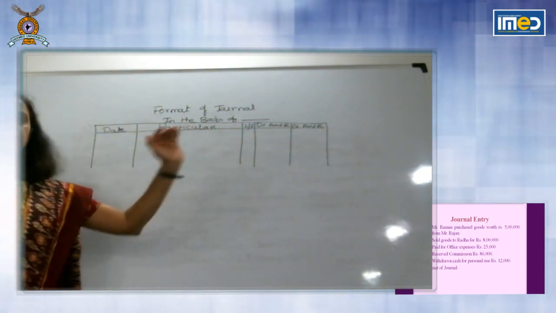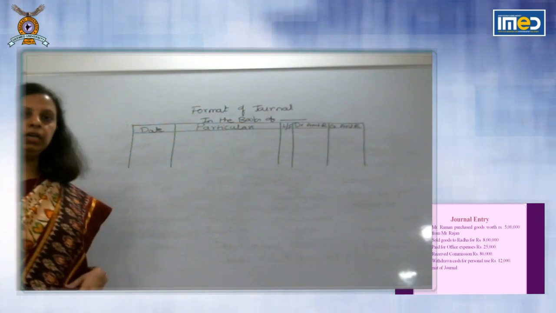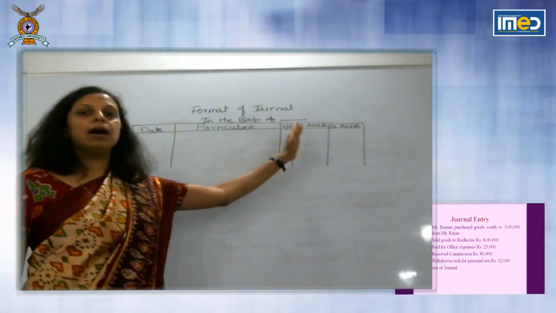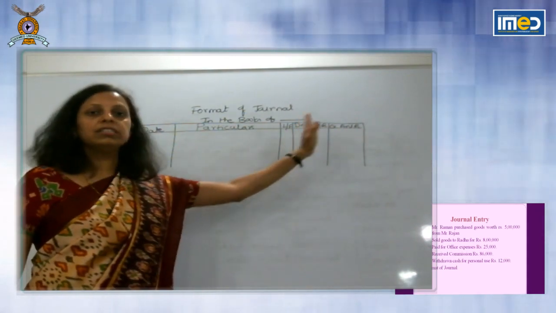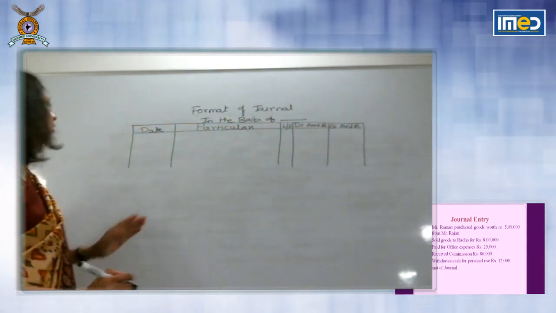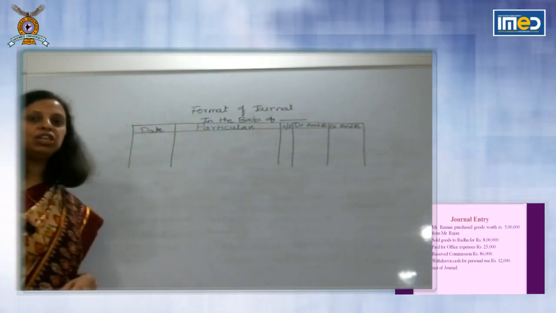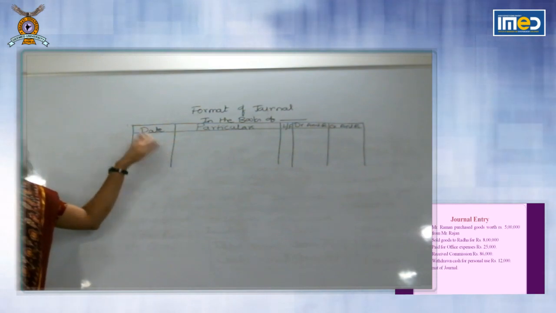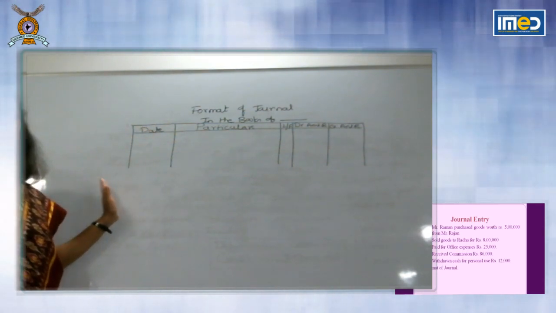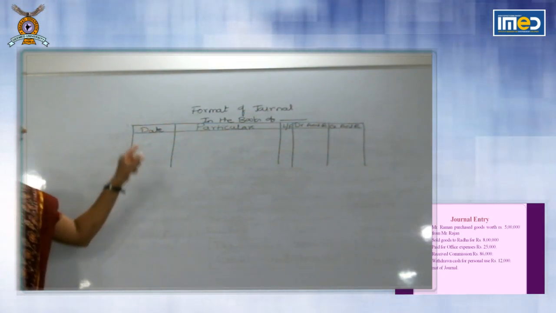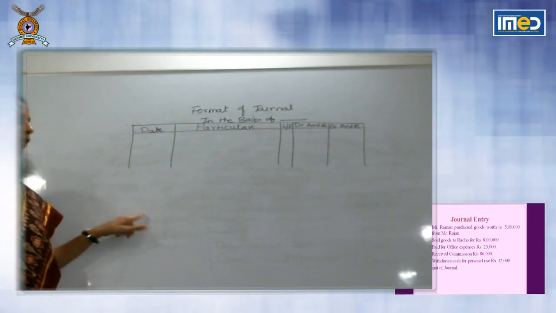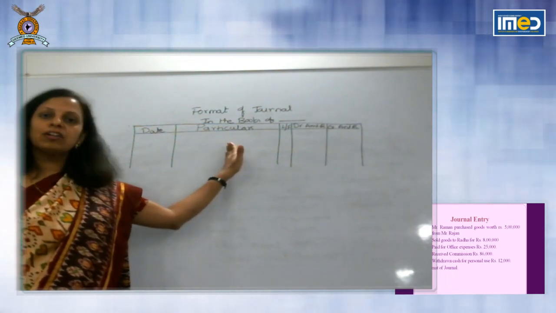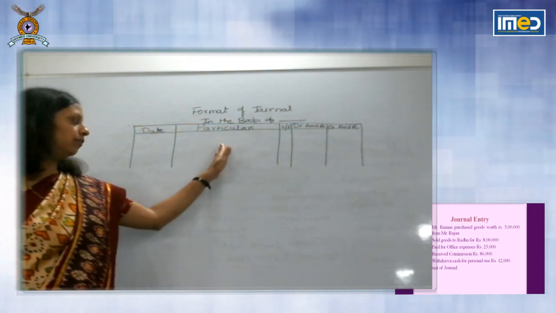As we have seen in the principles of double entry bookkeeping, one account is debited by the same amount other account is credited. Now we will see the meaning of each column. In the column of date, you will pass entries day to day and the date will be written in this particular column. In particulars column, you will actually write journal entry.